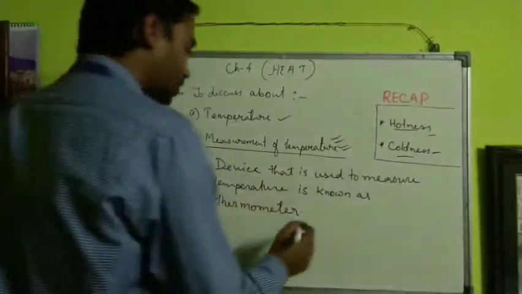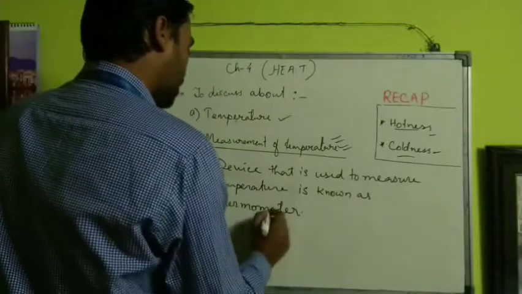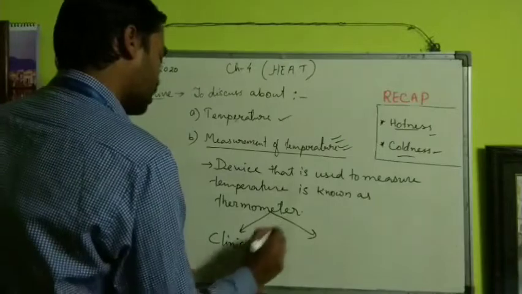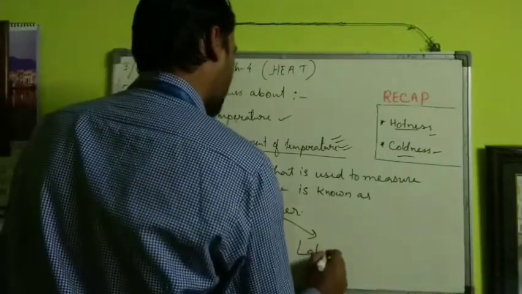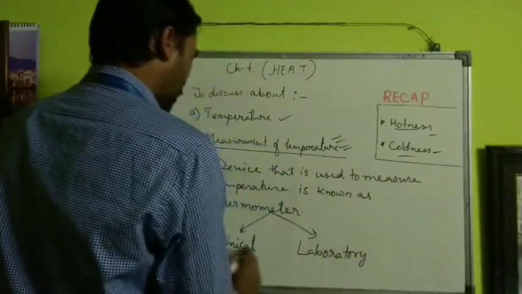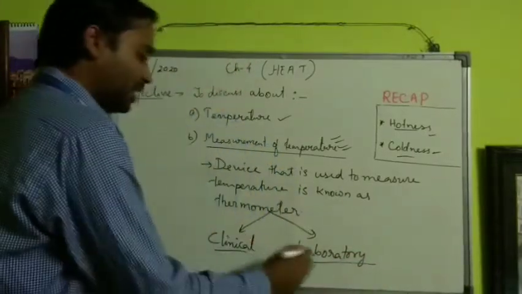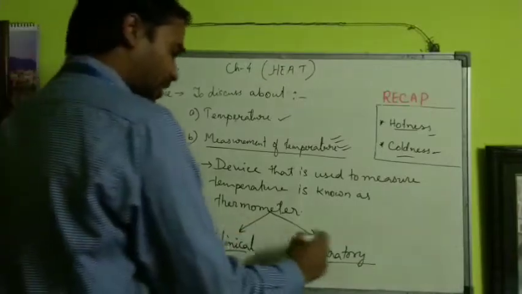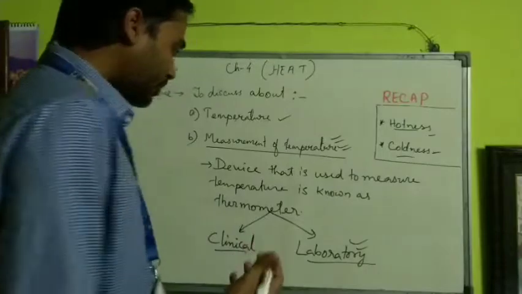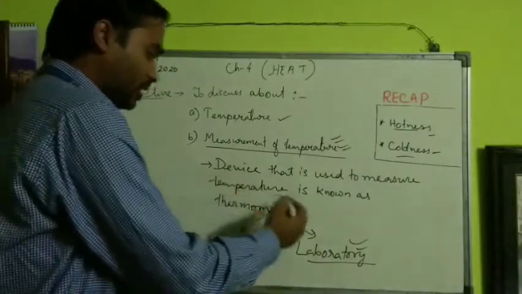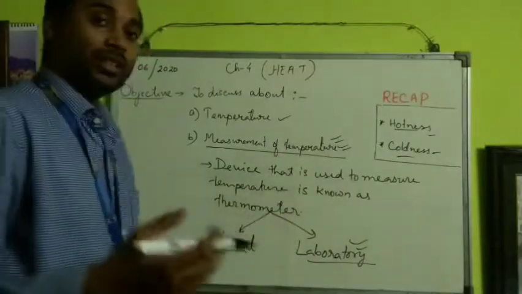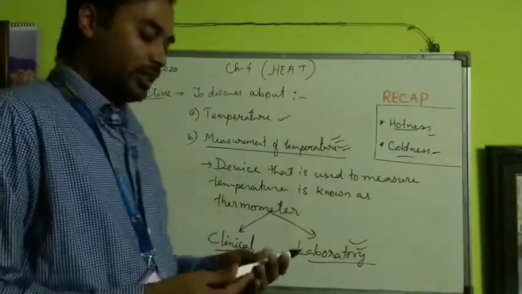Mainly the thermometer is of two types. One is the clinical, the other is laboratory. In this chapter we will discuss clinical and laboratory thermometer when we discuss the types of thermometer. Now this is the device or instrument which is used to measure temperature. Now what are the different scales on which the temperature is measured?